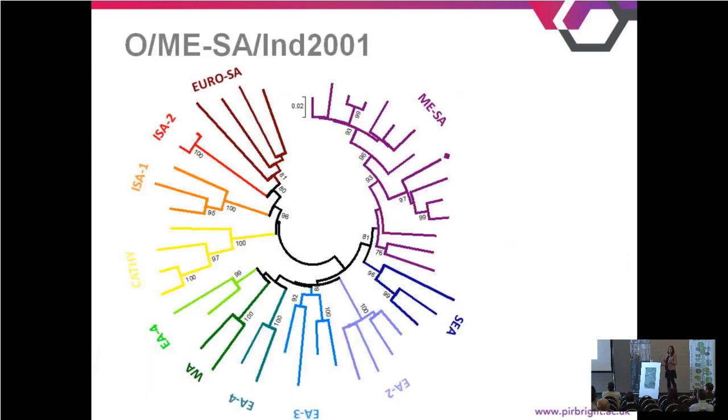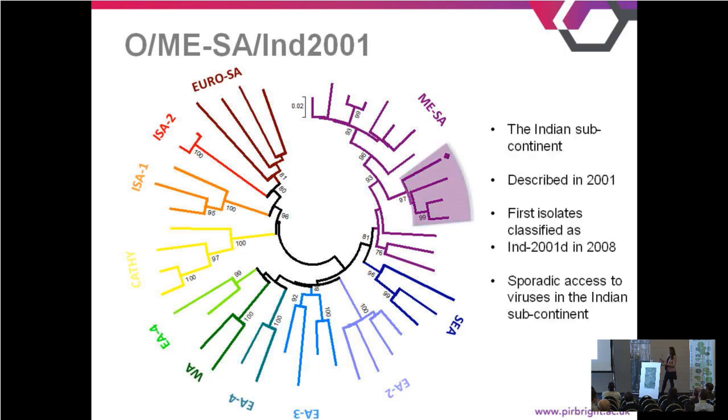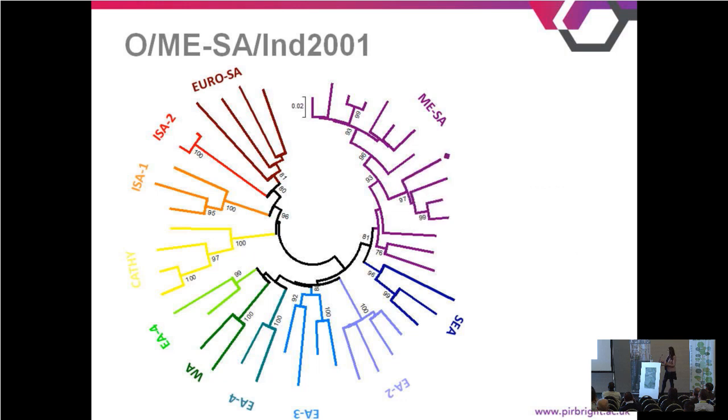But the virus we're concerned about today is a serotype O virus, and this phylogenetic tree shows the diversity within serotype O, with 11 topotypes.